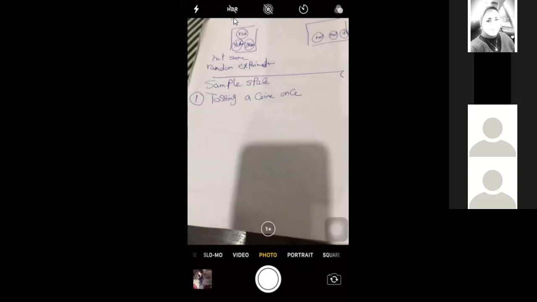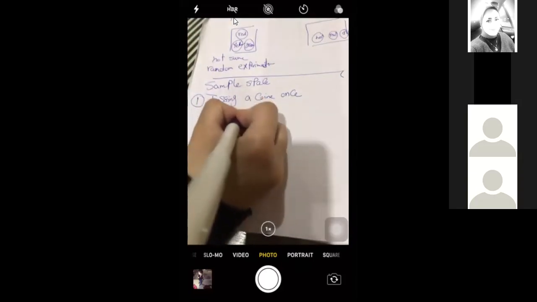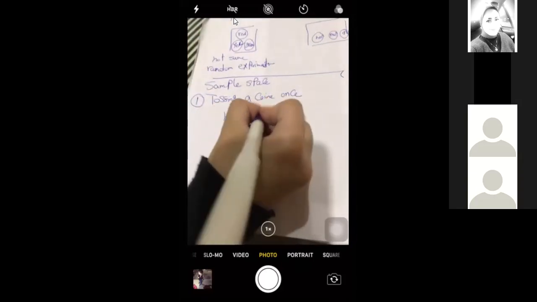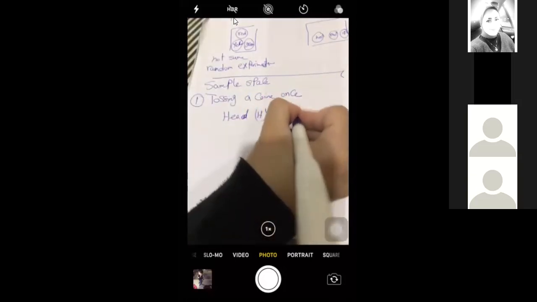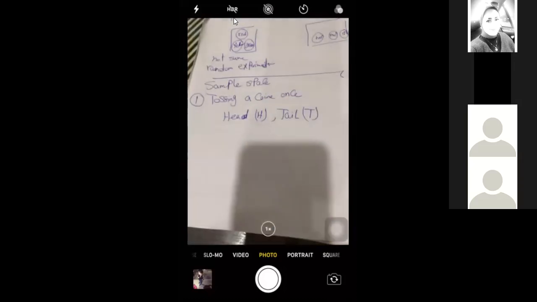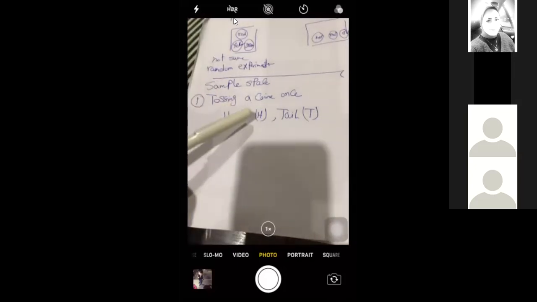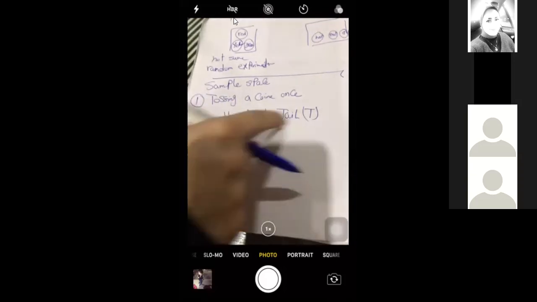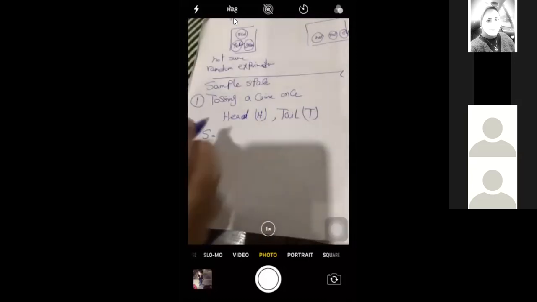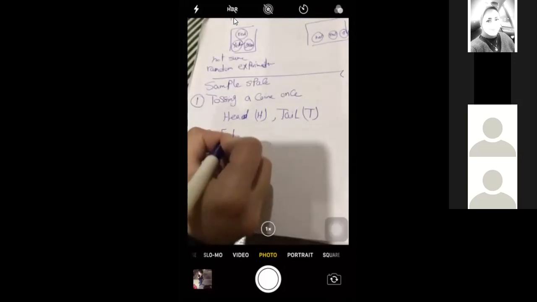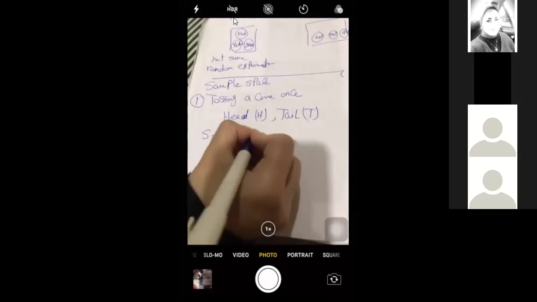I call head H and tail T. So I'm not sure if I get head or tail. The sample space is all the possible things I can get: head and tail.